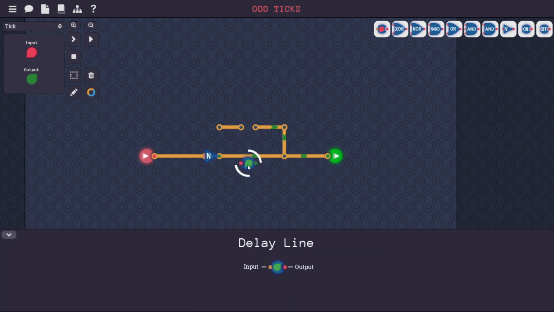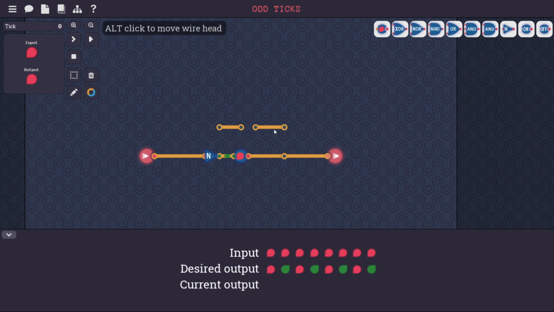That means that it should be delayed, and by delaying it, we delay it.